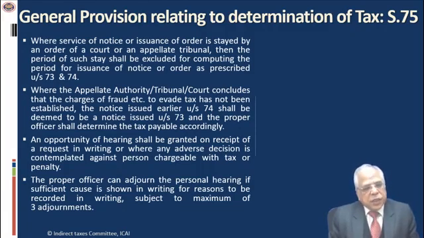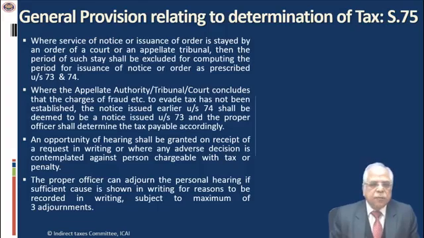For example, if there is a stay of 1 year by a court in a particular proceeding, then in that case, show cause notice under section 73 can be issued within 4 years and similarly under section 74 within 6 years.